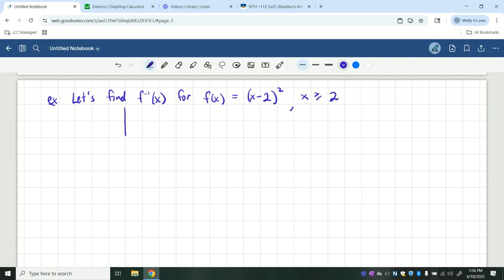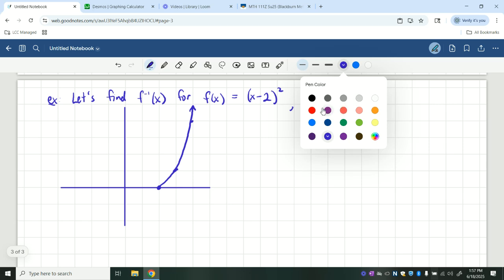So if we were to graph this one, x minus 2 squared is the parabola shifted right 2 units. But I only want to look at it for values bigger than or equal to x equals 2. So this graph actually looks like that. So it definitely does have an inverse because it passes both that vertical and horizontal line test.